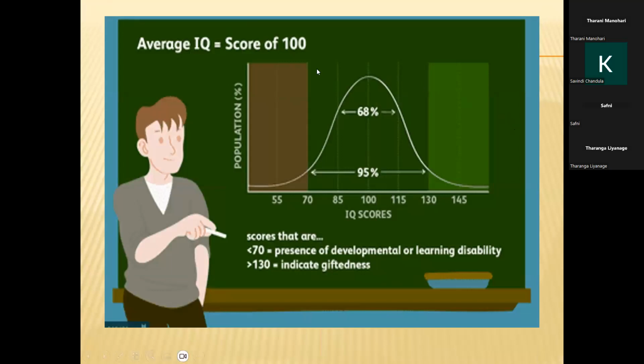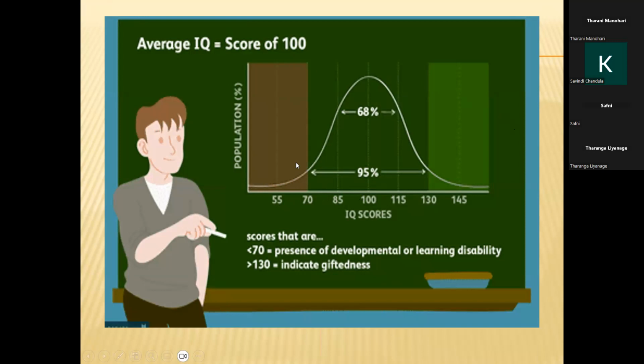You can see the average IQ there is given as 100. Again, the same 85, 70, and 55. Scores below 70 indicate the presence of a developmental or learning disability. So if the IQ is below 70, it's bad.